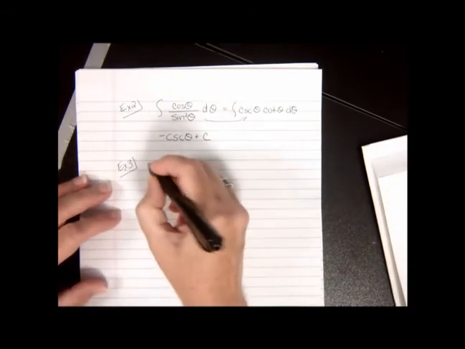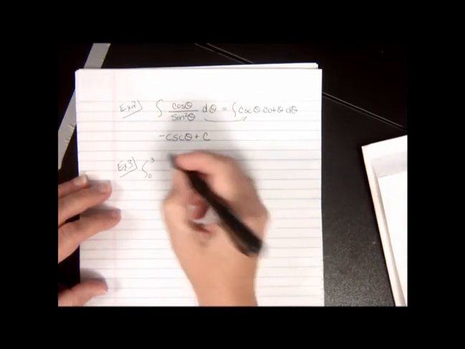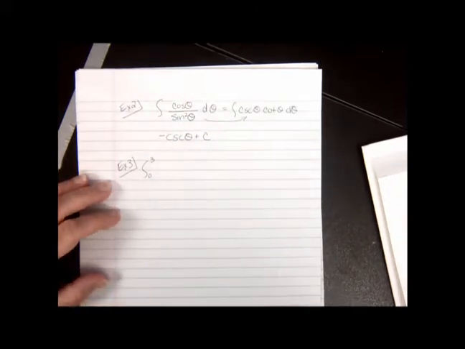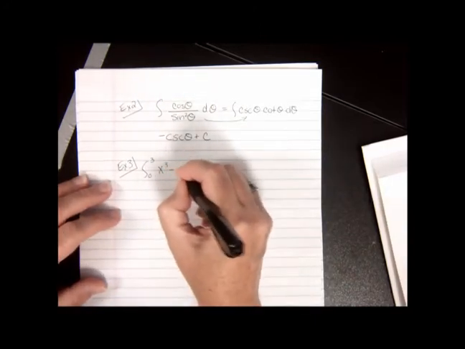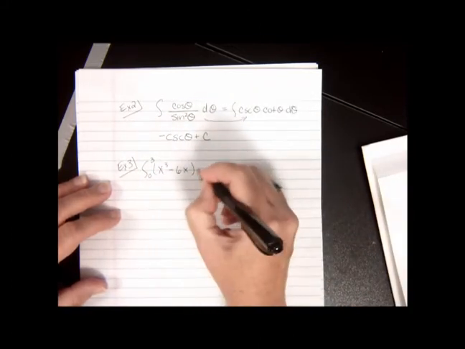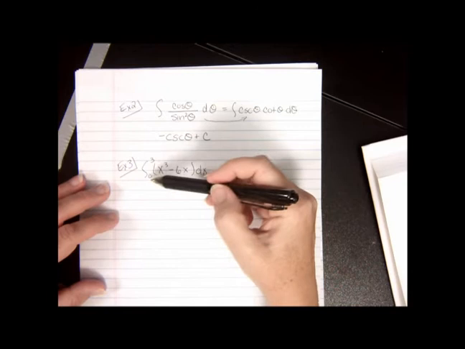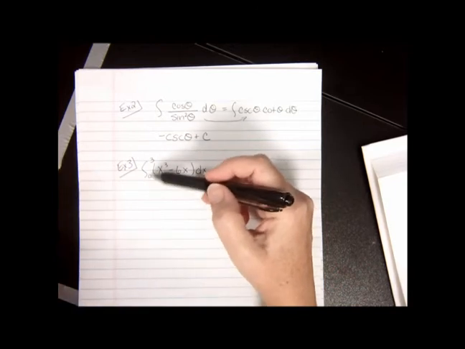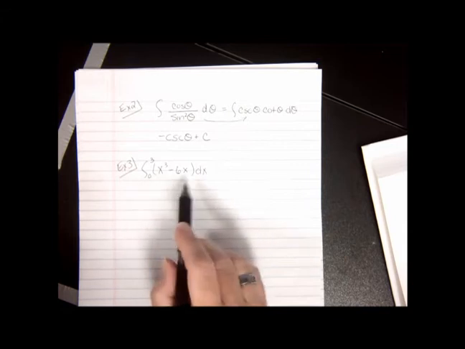Here it looks like we have a definite integral of x cubed minus 6x, and this is all with respect to x. So the first thing I need to make sure of is, is it continuous on this bound? And it is, in fact, it is a polynomial, so it is continuous at all reals.